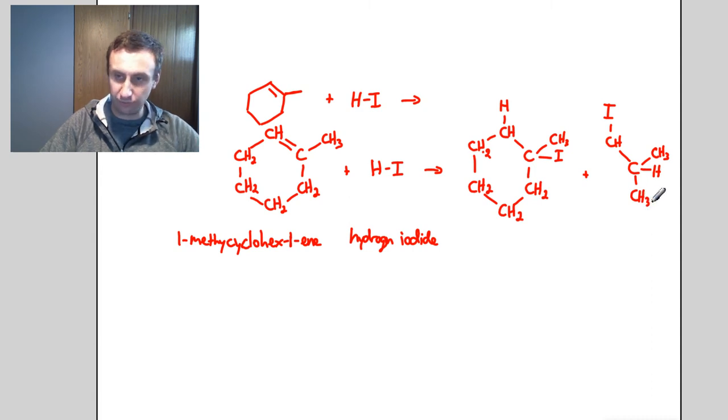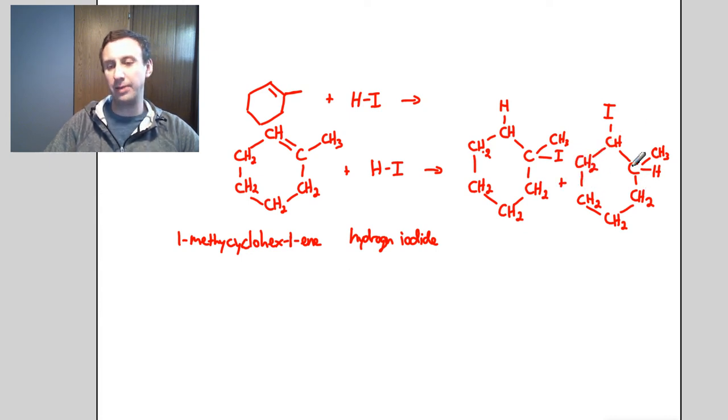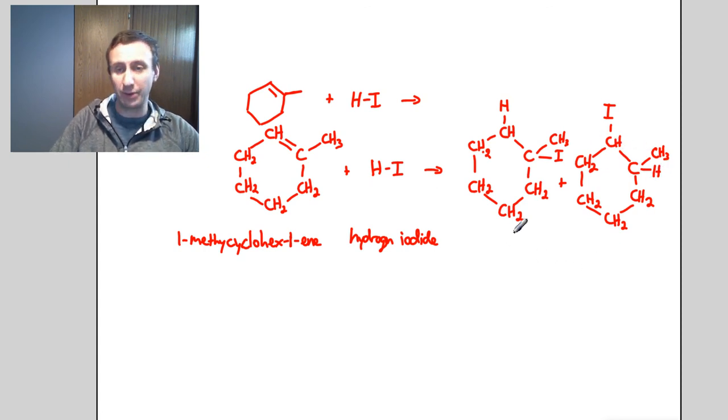Then I have CH2, CH2, CH2, CH2, and then my bond right there. So this is another way for hydrogen iodide to add. So I made two different products. Now let's name both of them.